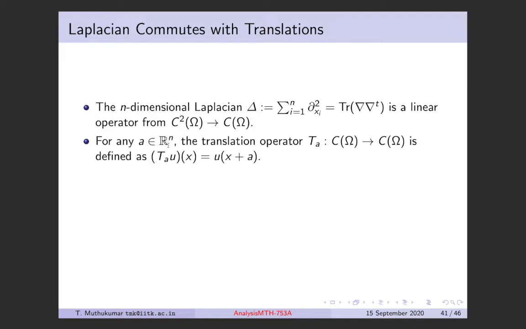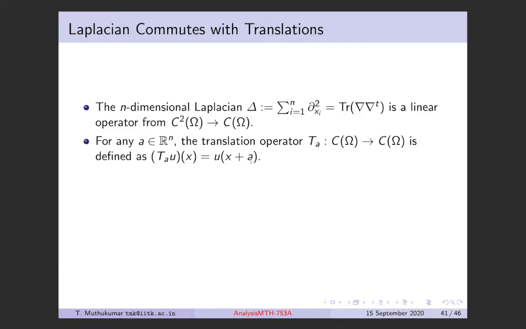Now for each vector in Rn, one can define what is called the translation operator on the space of continuous functions. How do you define that? Once you fix a vector a, you are going to translate by the vector a. So the translation operator corresponding to the vector a acts on a u, and it's the value of u where the argument is translated by the vector a.